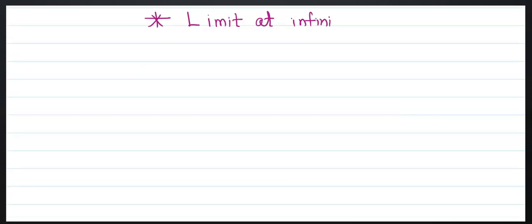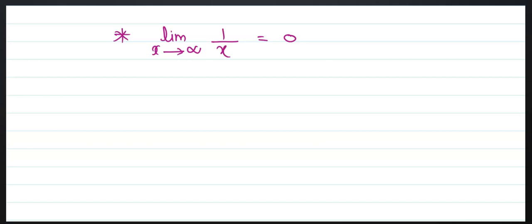Hello students, now we'll start the last topic of this chapter, that is limit at infinity. The limit as x tends to infinity of 1 upon x is equal to 0.